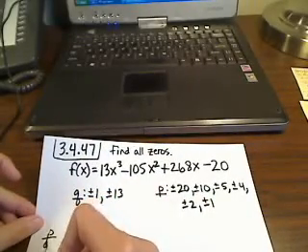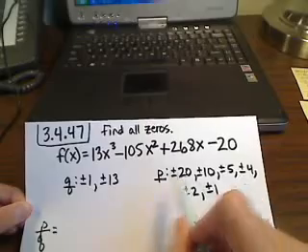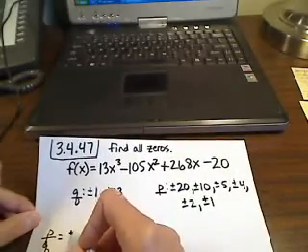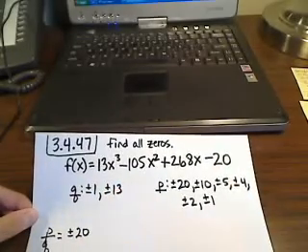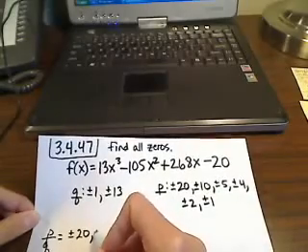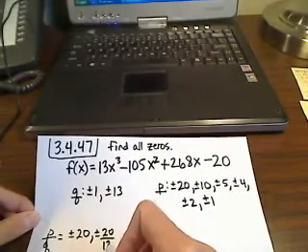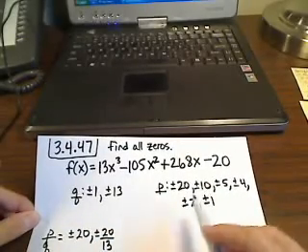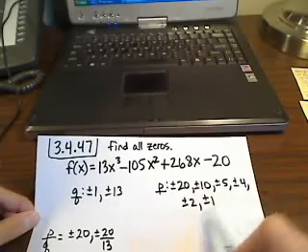So our P over Q list is going to be, if I take 20 divided by 1, it's just going to give me 20. And divided by 13, I'm going to get 20 over 13. We're going to do that for each of the rest of these: 10, 5, 4, 2, and 1.